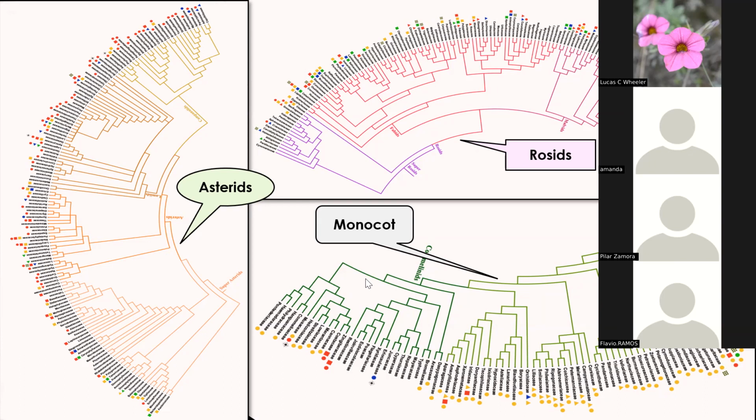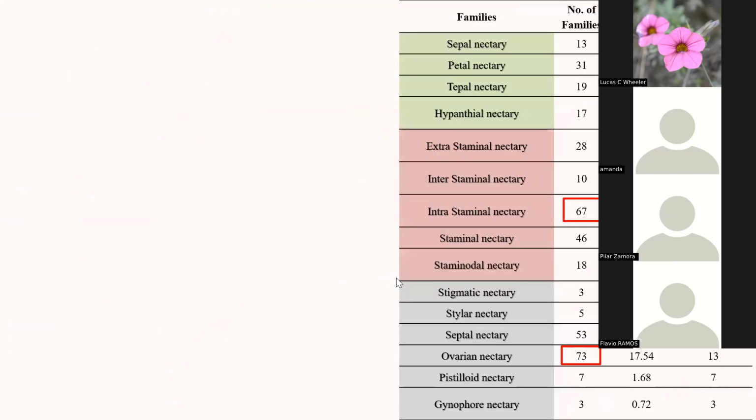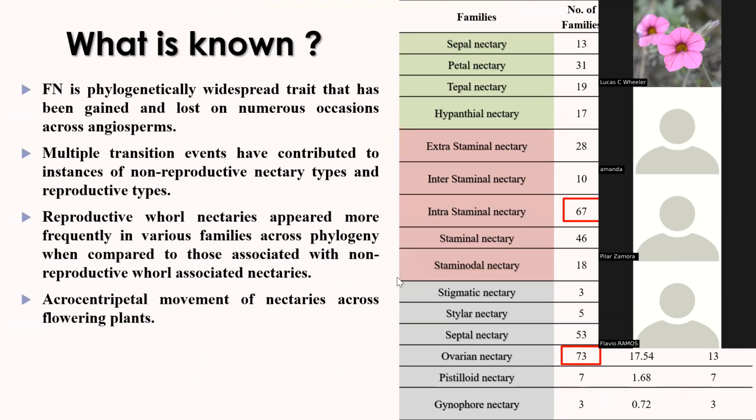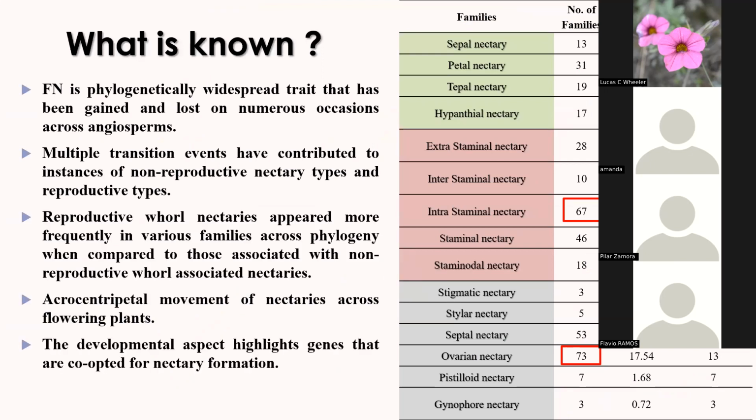So this is how we resolved some of our queries, and concluded that floral nectary is a phylogenetically widespread trait that has been gained and lost on numerous occasions. There are multiple transition events that have contributed to instances of non-reproductive nectary types more than reproductive types.